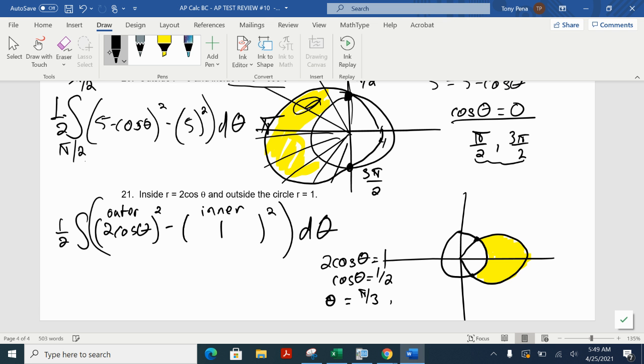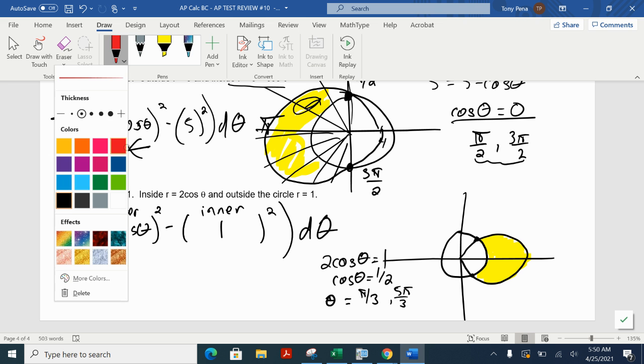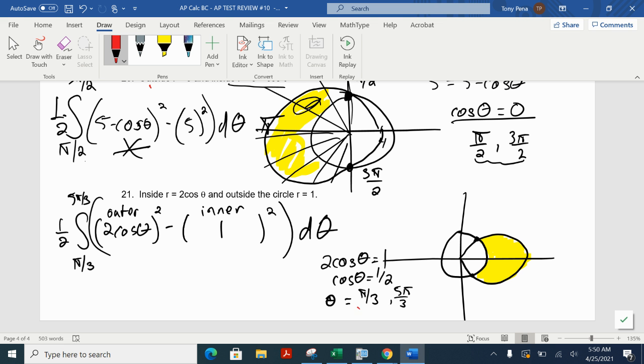And we are down here in the 4th quadrant, so our first thought probably is 5 pi over 3. But what you have to be careful of, and we didn't have to deal with it in this one, is if I go pi over 3 to 5 pi over 3, what that would be telling me, let me change color here. If I'm going to start at pi over 3, the first angle I'm looking at is this one. And then I want to go in order to 5 pi over 3.